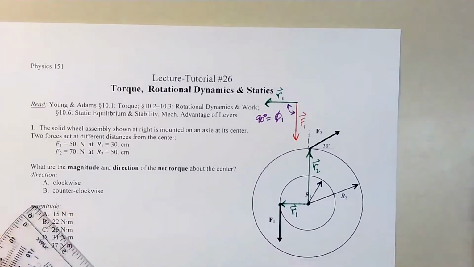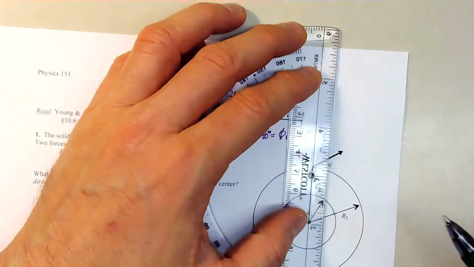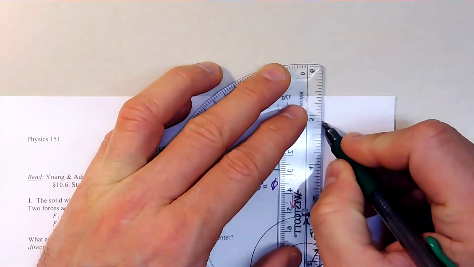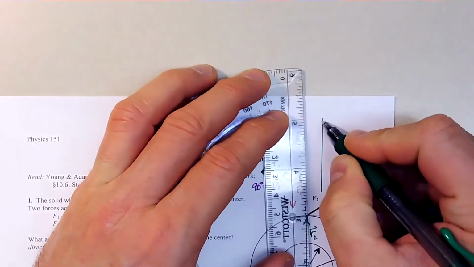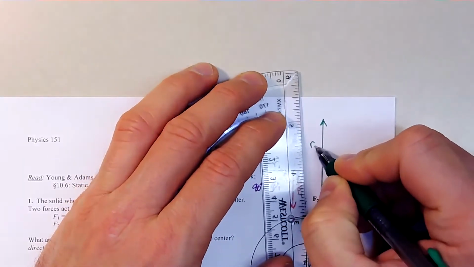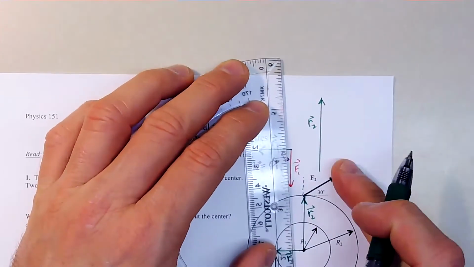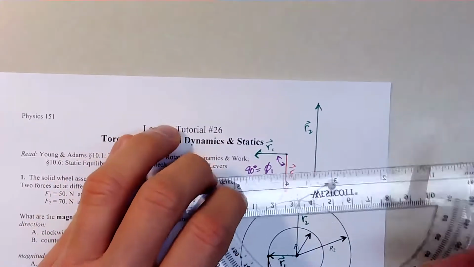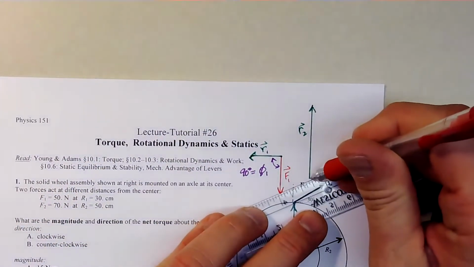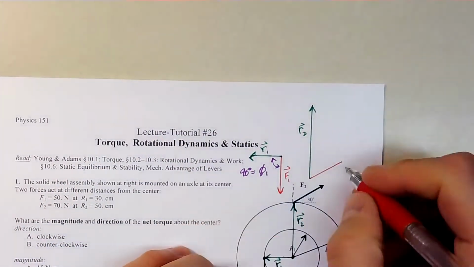Just to be sure, though, I'm going to redraw them and put their tails together, and that way I'll be able to see exactly what the angle is between their two directions. So I've redrawn vector R2, and now I'm going to redraw vector F2 with their two tails next to each other.